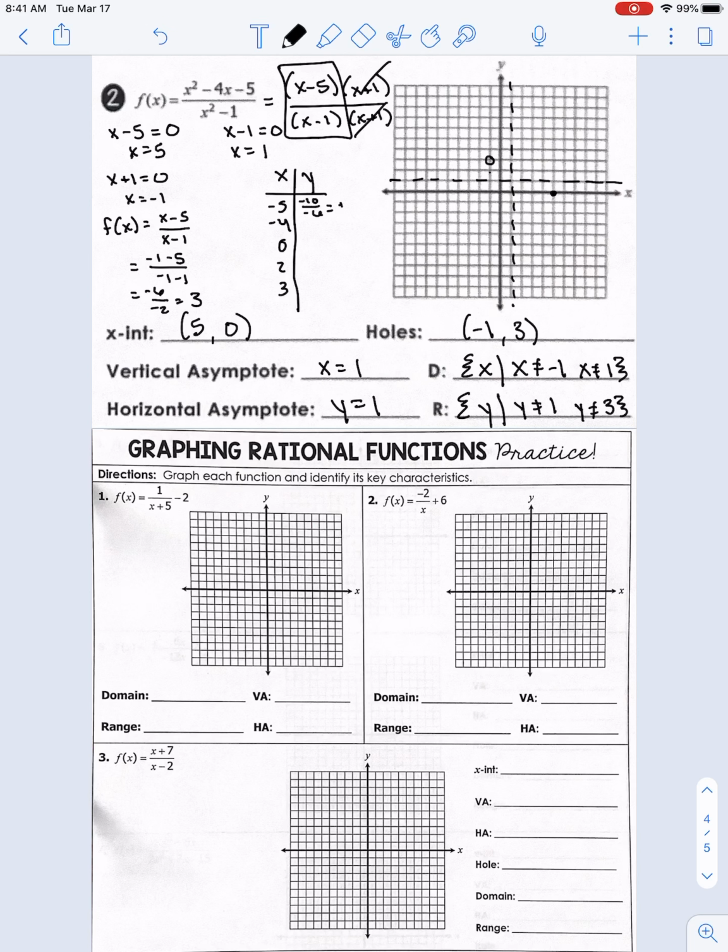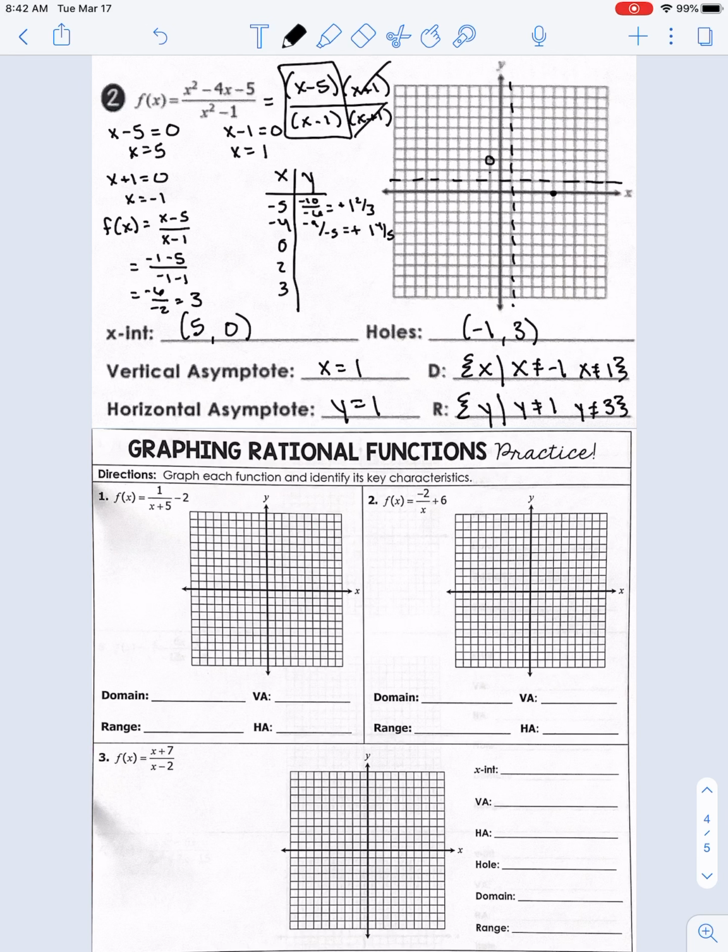So I get a positive 1 and 2 thirds. If I do negative 4, I get negative 9 over negative 5. So that's a positive 1 and 4 fifths.